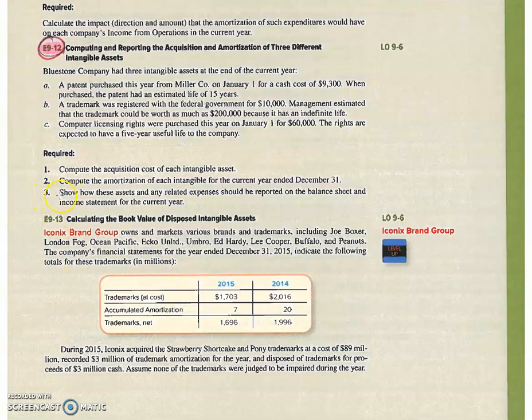Okay, number 3, show how these assets and any related expenditures should be reported on the balance sheet and the income statement for the current year. Well, the amortization expense will show up on the income statement. The assets should be reported net of the accumulated amortization.